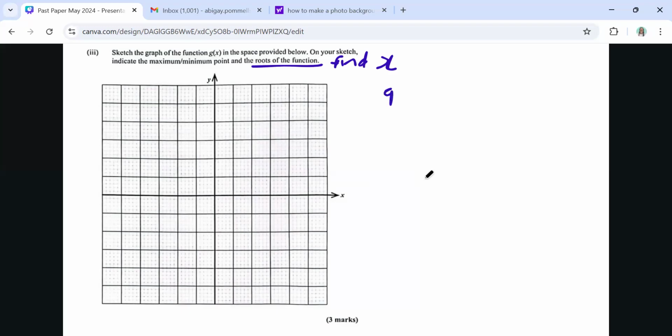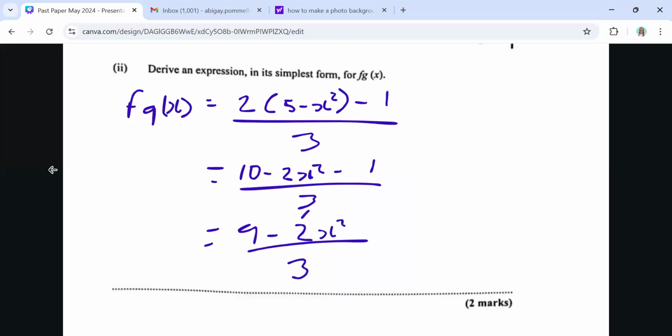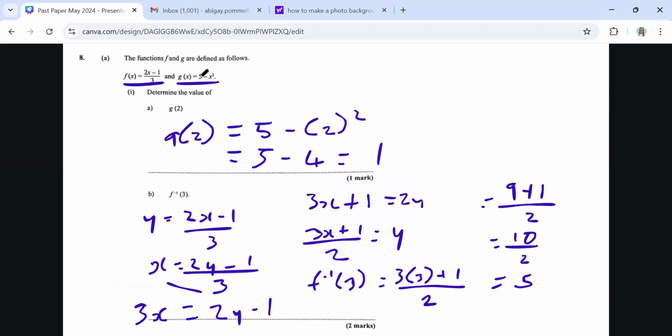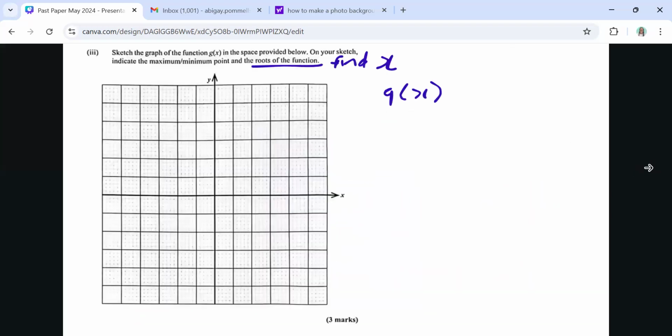So we need to find out what is g of x again. Let us go back. g of x is 5 subtract x squared.